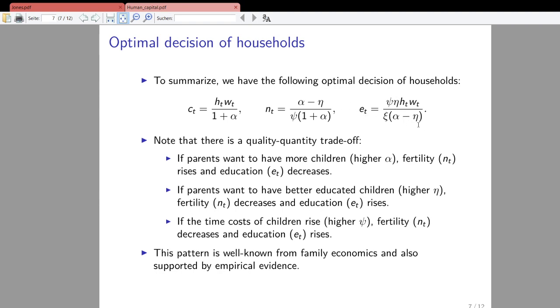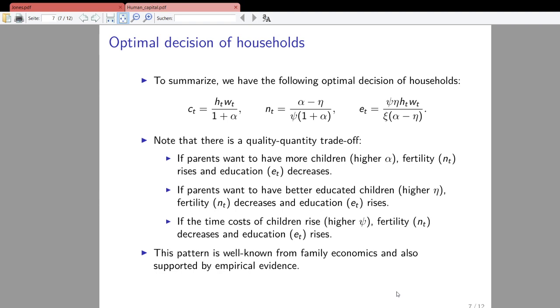So we have it in the denominator with a minus sign, so that even reinforces this increase, and we see directly that we have this quality-quantity trade-off also in this case. And finally, if the time costs of children rise, so if psi is higher, then fertility itself decreases, but education investments increase. So all of these aspects are related to the quality-quantity trade-off.